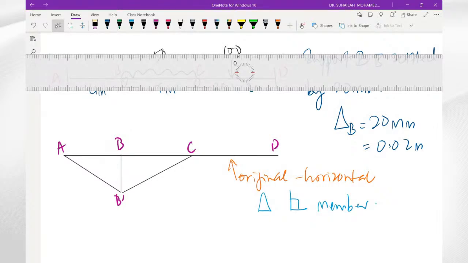This is for beam. Jadi where is the delta? So the delta is located here. Delta B. So this is equal to 0.02 meter.